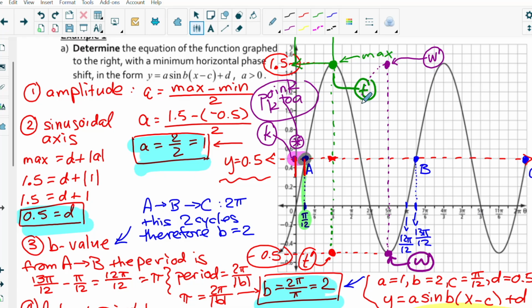Okay, if I draw a nice smooth curve here, let me do it in purple.